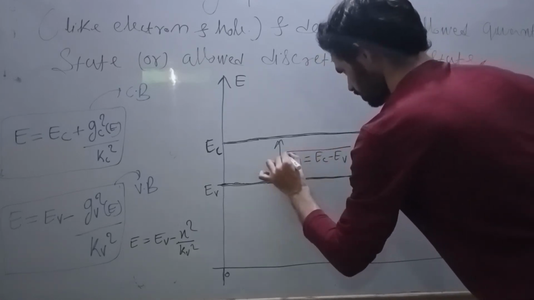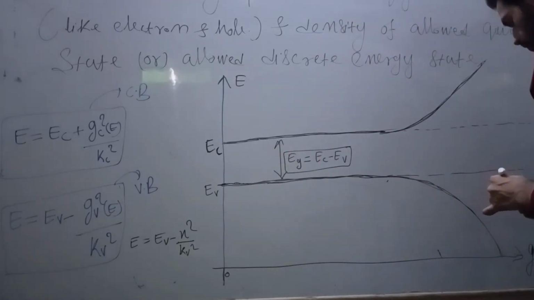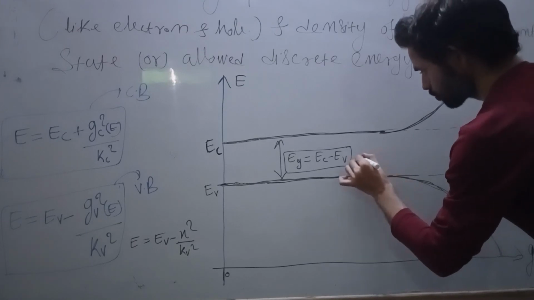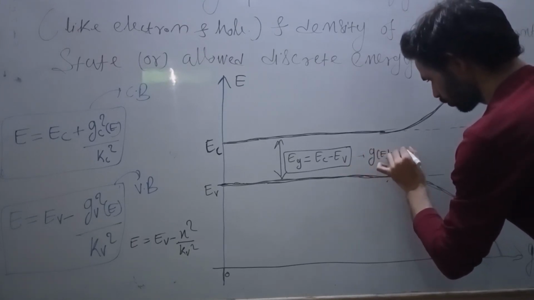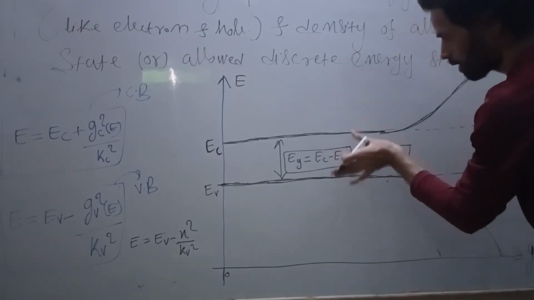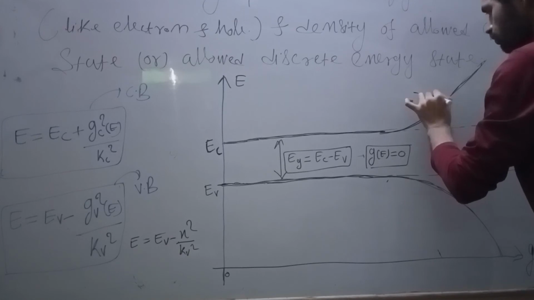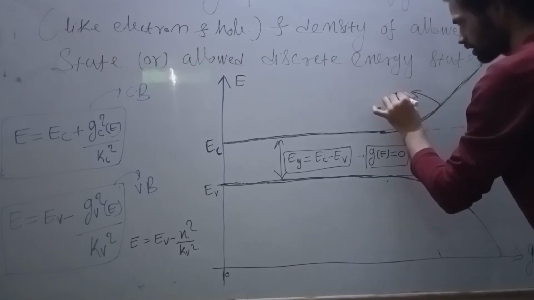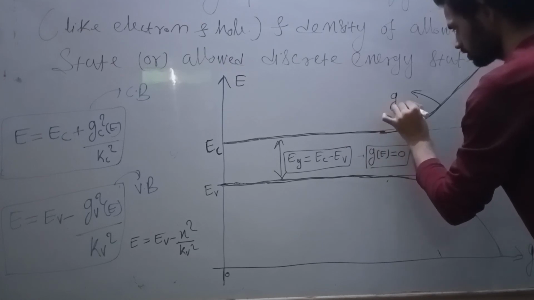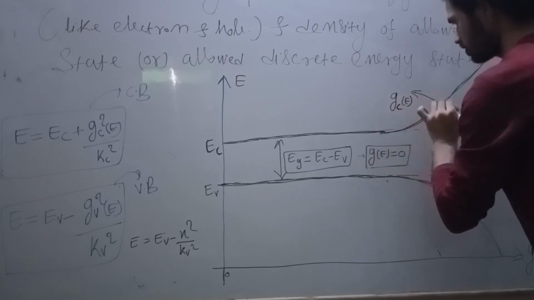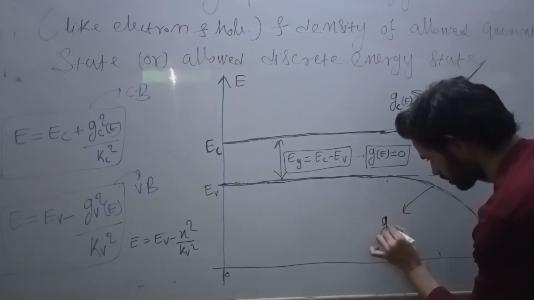And here, in this gap, the density of quantum state G of E is zero. And this is nothing but the density of quantum state in the conduction band, gc of E, and this is gv of E.